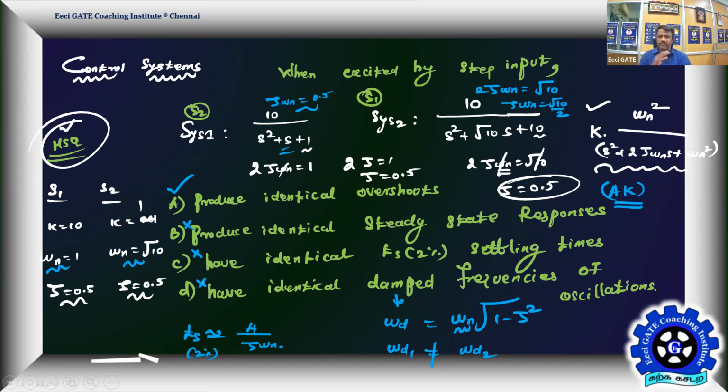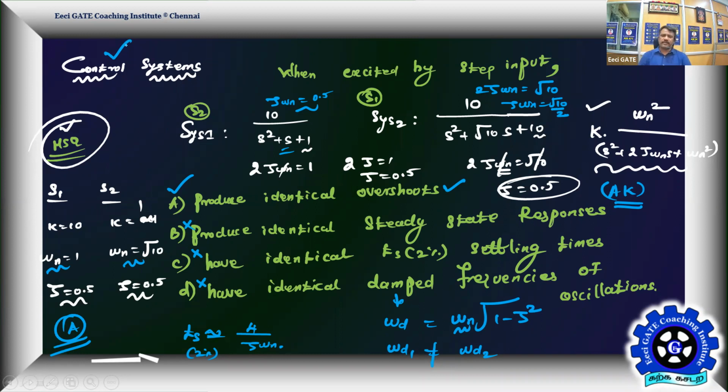I still feel this is an MSQ problem given, but having only one option correct. The correct answer is only option A. In your problem, your option may not be A, maybe placed somewhere else, so accordingly you have to give the answer. For the given options, only A is correct. That's an interesting problem.